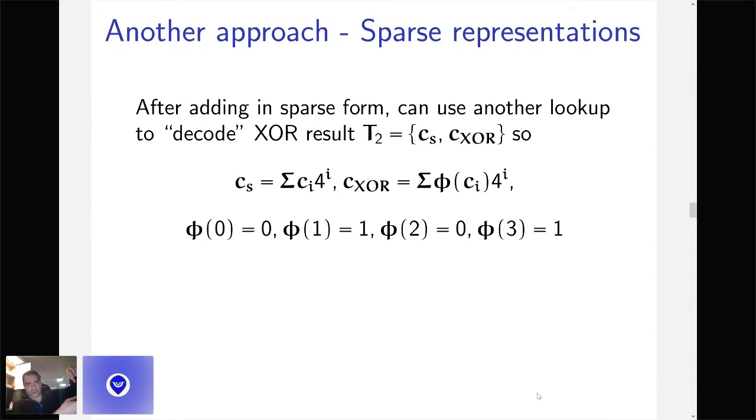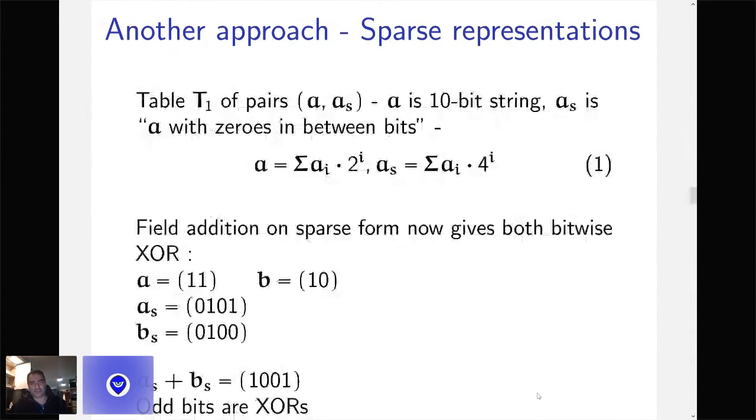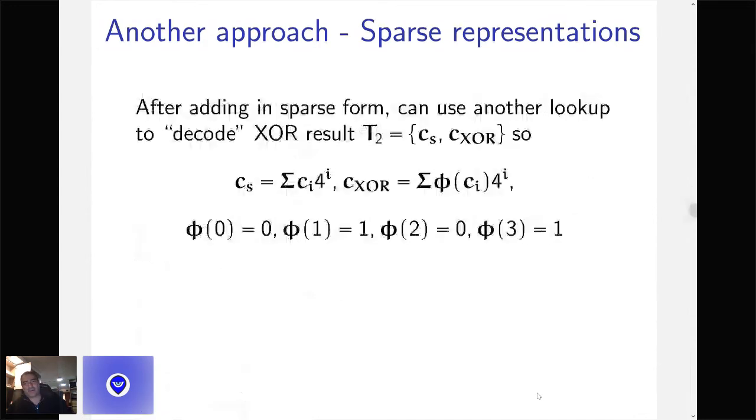So I'm going to apply a table from the sparse form and the addition result that extracts these bits in the odd indices. Maybe the formal notation here is a little confusing, but this is basically how it will look formally.